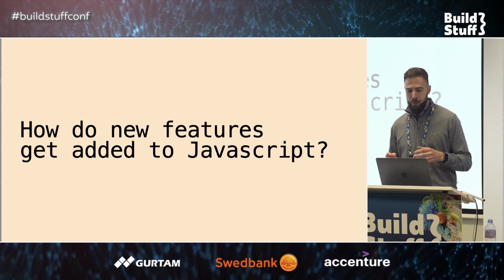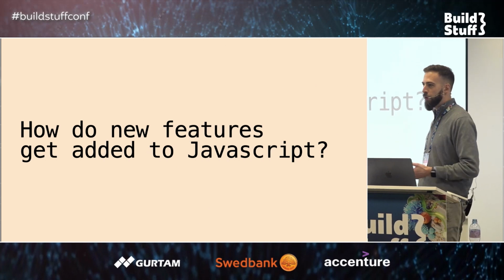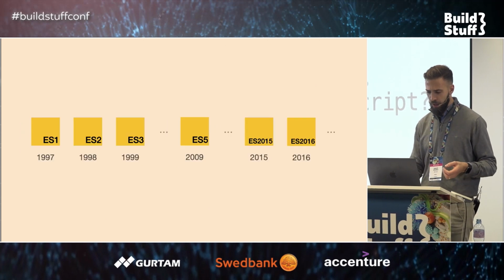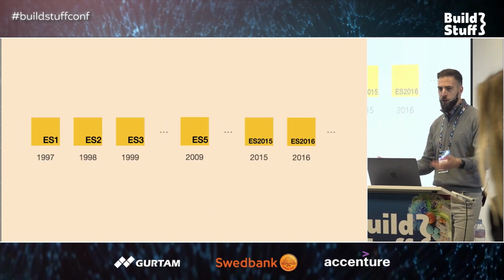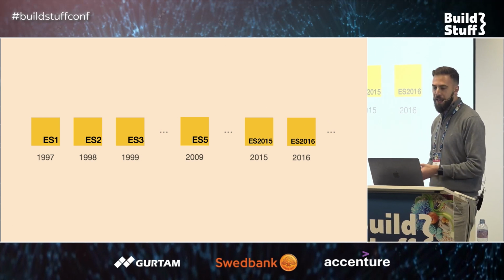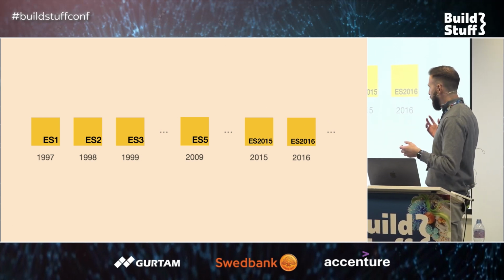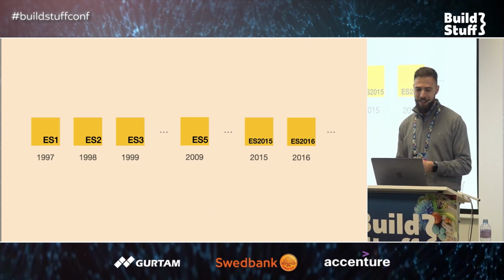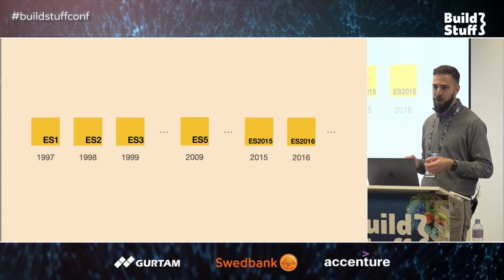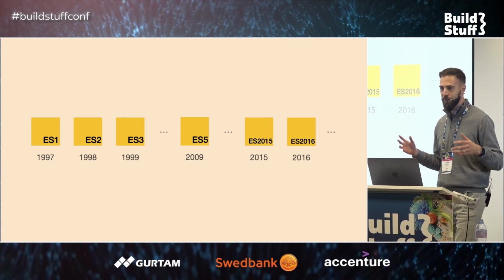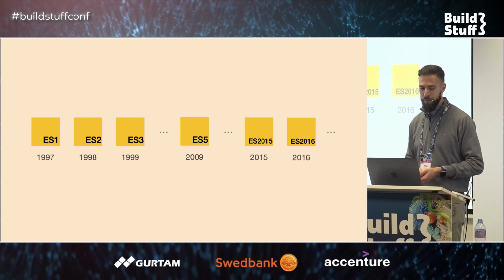The standard for the JavaScript language is called ECMAScript, and ECMAScript 1, the very first version, was released together with Netscape Navigator back in '97. It was created apparently in just 10 days. The name JavaScript back then was a marketing thing because Java was really the way to go.